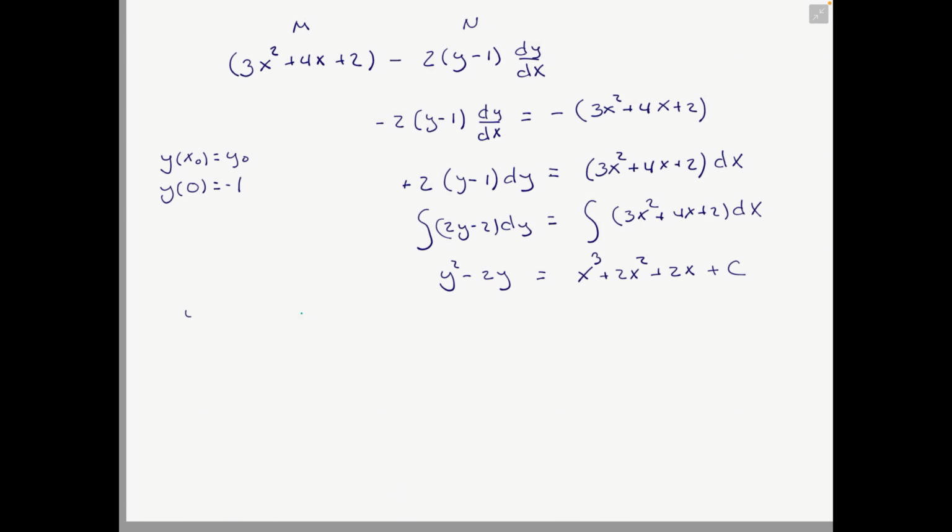Or we could say that in this case, y of x0 equals y0. So are we given a condition? Yes, we are given that y of 0 equals minus 1.